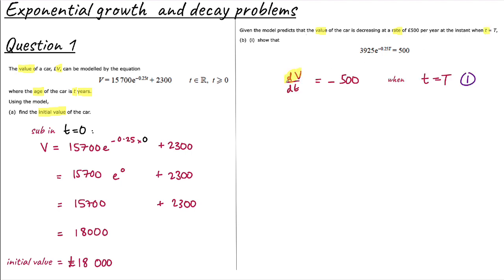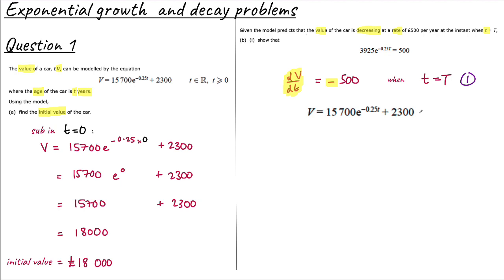That is dV by dt. And it says that this rate of change is decreasing. That means that dV by dt is negative. In this case, negative 500. If it had said that the value was increasing over time, then that would be a positive sign instead of a negative sign.